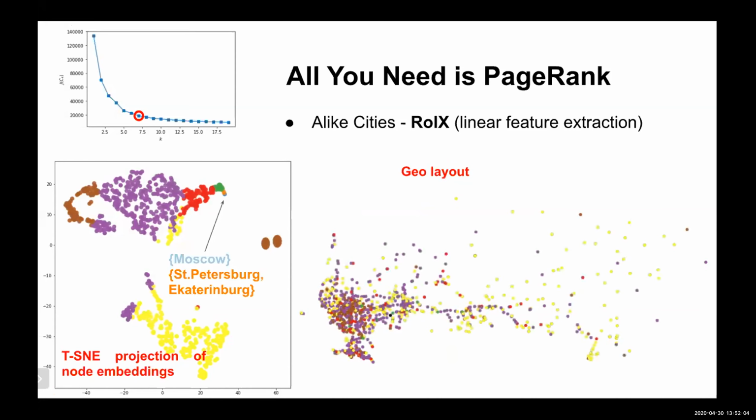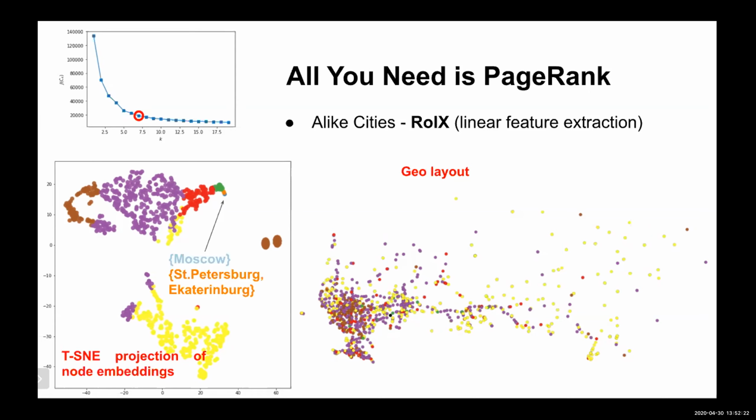Next thing we do, we plot those structures on the map, and we can see that it seems to be reasonable. At least we can see that this line of violet colored nodes corresponds to the Trans-Siberian Railway.